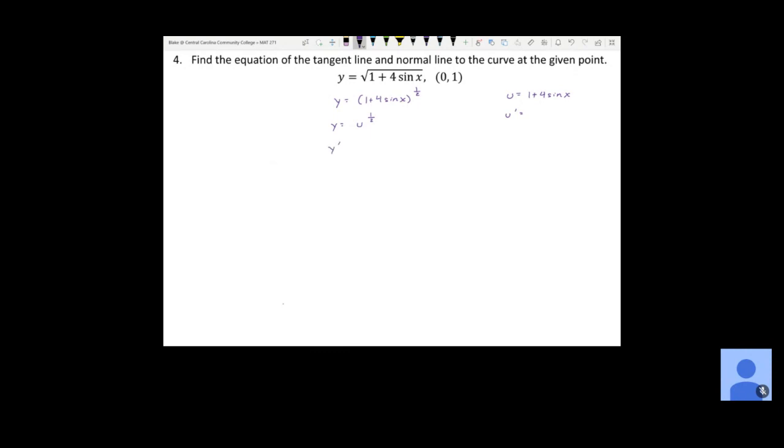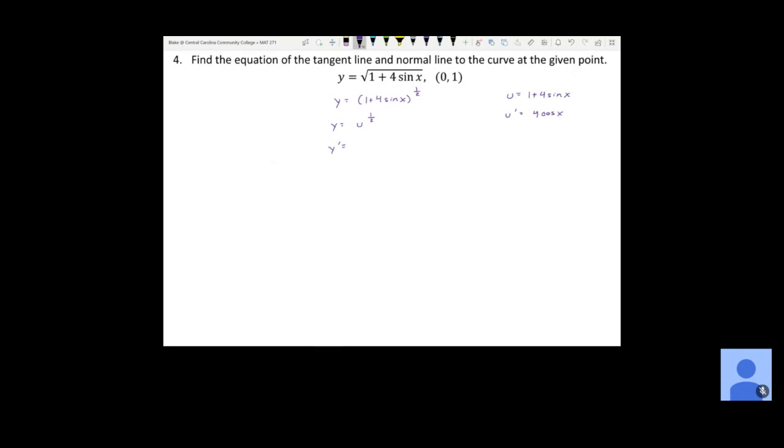What's our y prime going to be just in terms of u now? Okay, so the derivative of u, if we do that part, that's 4 cosine x. Good, that's our u prime.